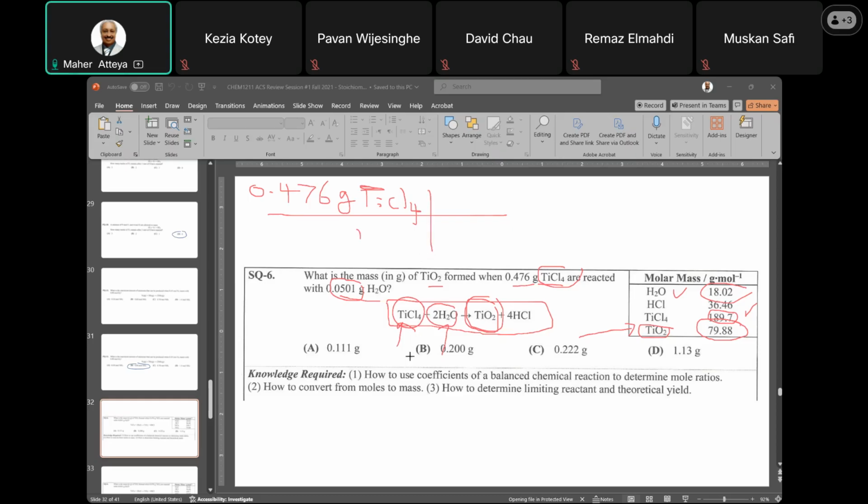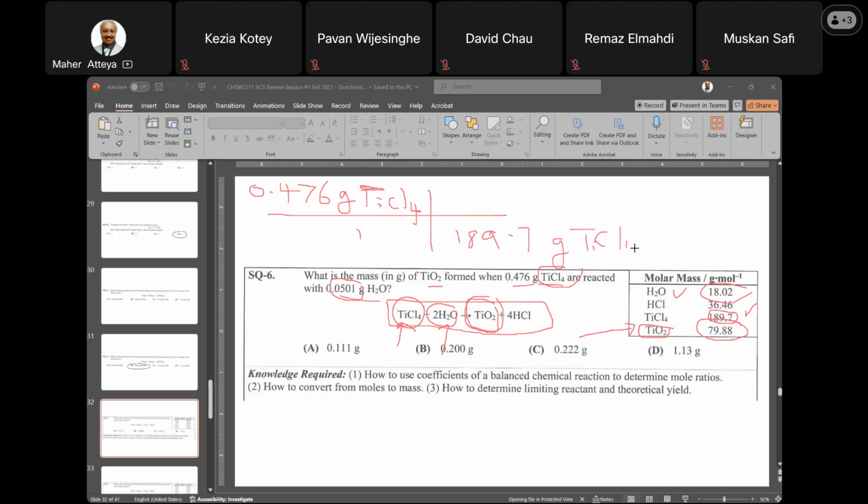Divided by the smaller mass, TiCl4 molar mass is 189.7 grams, and 0.7 grams of Ti.